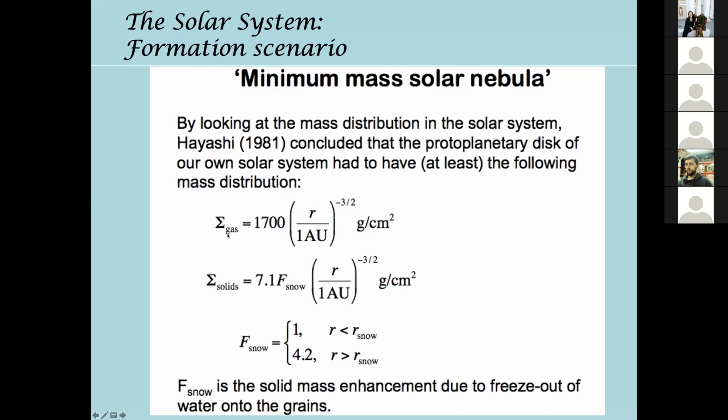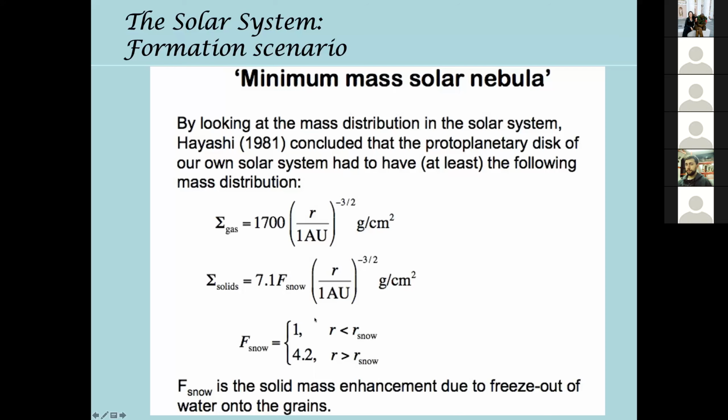This is the sigma gas. Then he also considered the sigma solids, focusing just on the refractory material, and he found that he needs to increase the sigma of solids at a certain point by a factor f snow. It is called snow because the factor changes at the snow line.